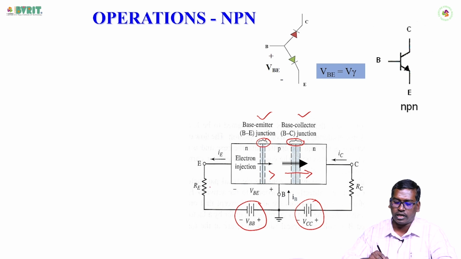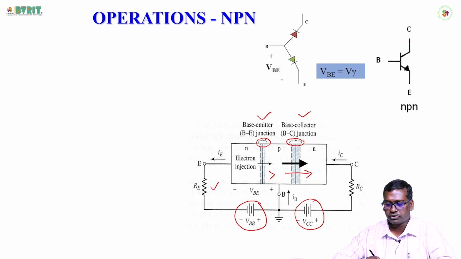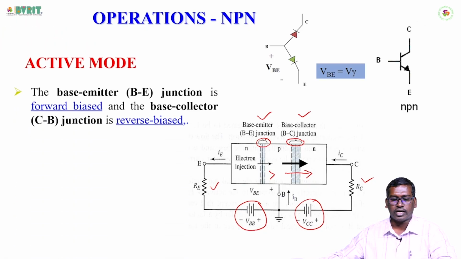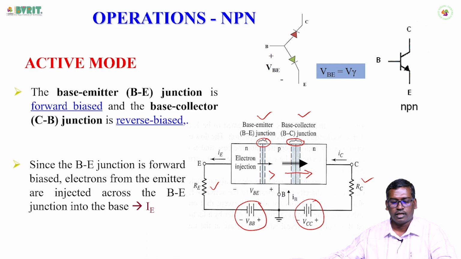Here RE is the emitter resistance and RC is the collector resistance. During the active mode, the base emitter junction is in forward bias and the base collector junction is in reverse bias. Hence, since the BE junction is in forward bias, electrons from the emitter are injected across the BE junction into the base.